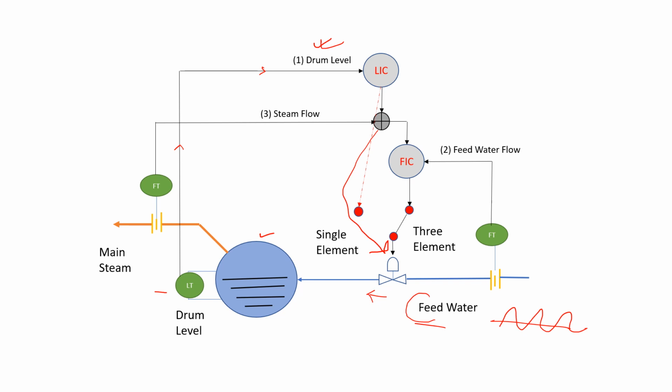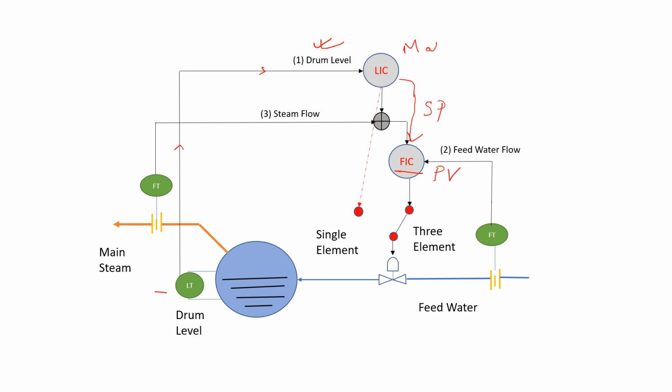To account for these issues, the feed water flow meter reading can also be taken into consideration, and another controller is added, known as the flow controller. The flow controller PV is the feed water flow rate, and the output of the level controller becomes the set point of the flow controller.